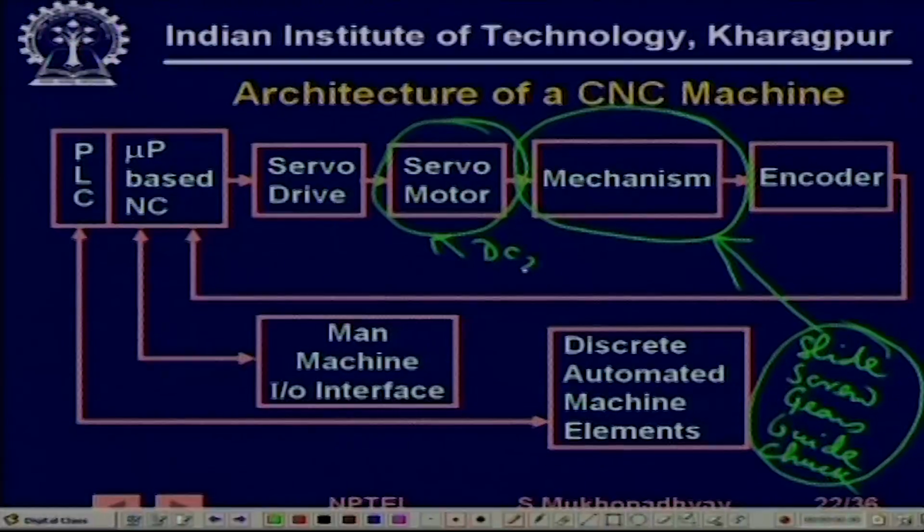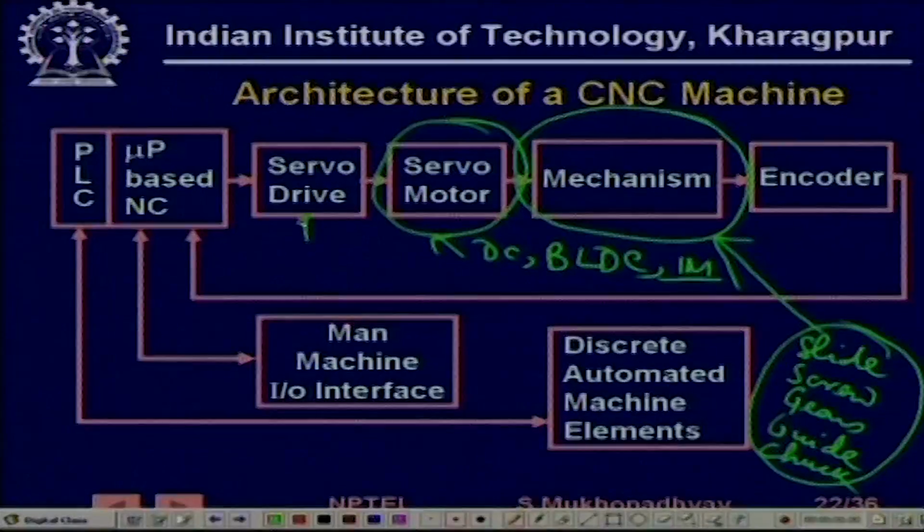They are driven by motors, typically servo motors. These can be DC, BLDC, or even induction motors sometimes. As we will see in our future lessons, these motors are to be driven by very sophisticated drives. These are power electronic devices, plus controllers, control electronics.